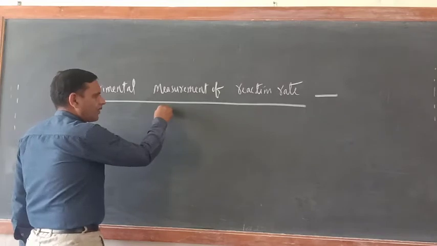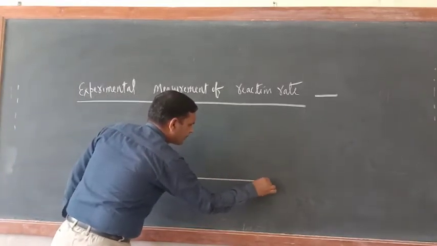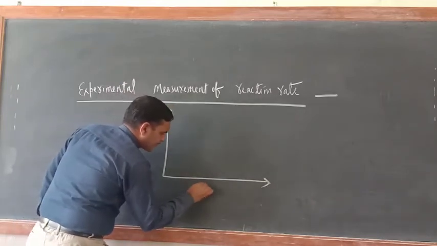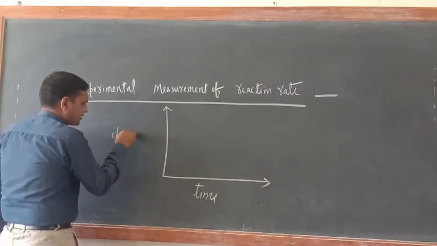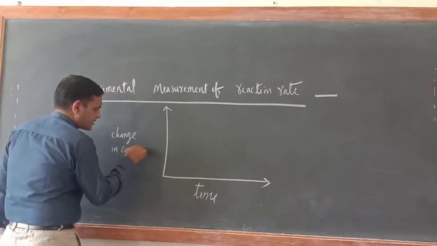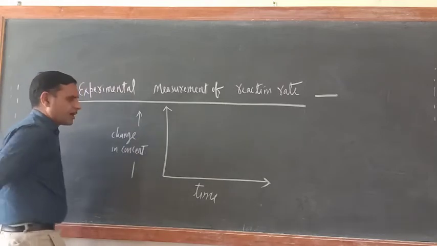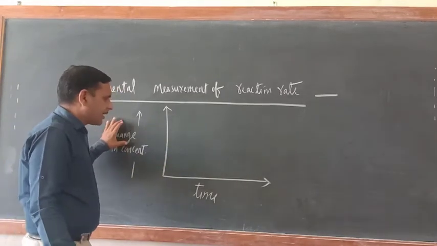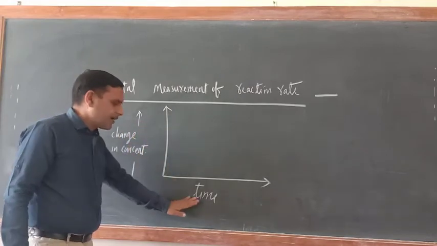For the measurement of reaction rate, we should plot a graph between time and change in concentration. Now try to understand, this is the general graph. What is the relation between change in the concentration and time?